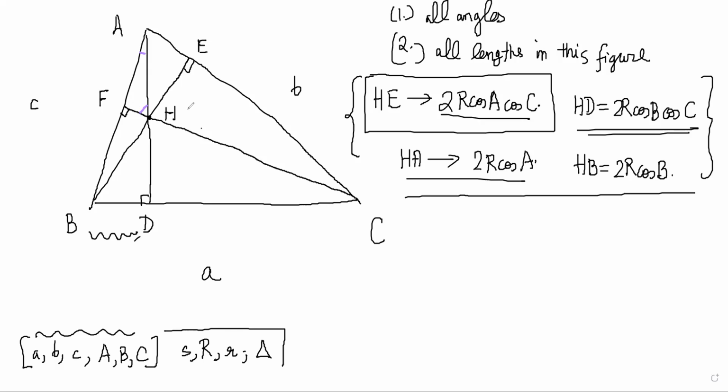So what I'm thinking is, since this is 90, this is quite easy only. BD you have to find, no? So what have I told you? If you need some distance, put it as part of some triangle.